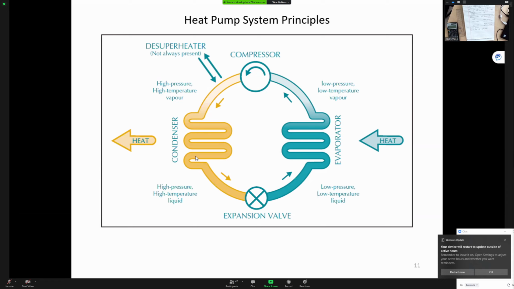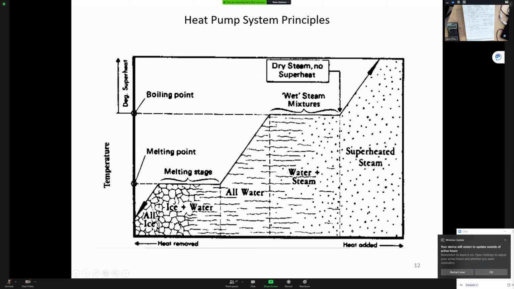Okay, so this is a very important picture, and the calculation for the hot water tank is very important, so you better know how to do those. Here's a picture showing your ice, water.